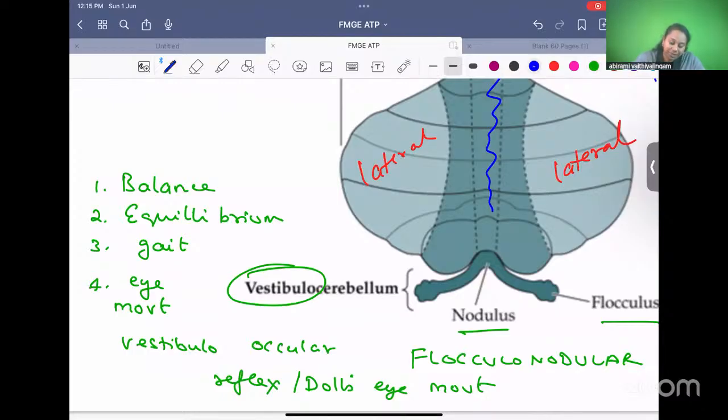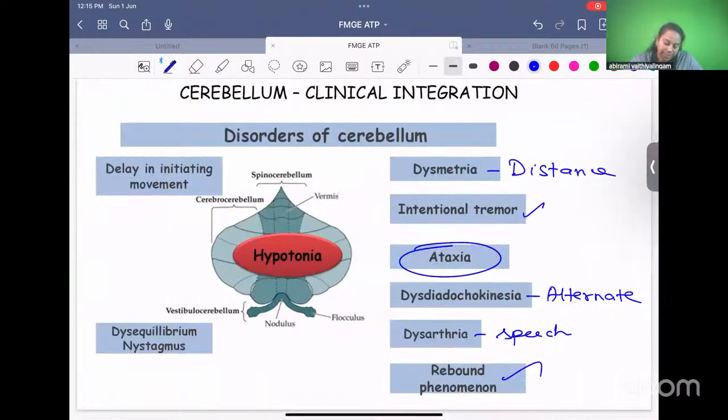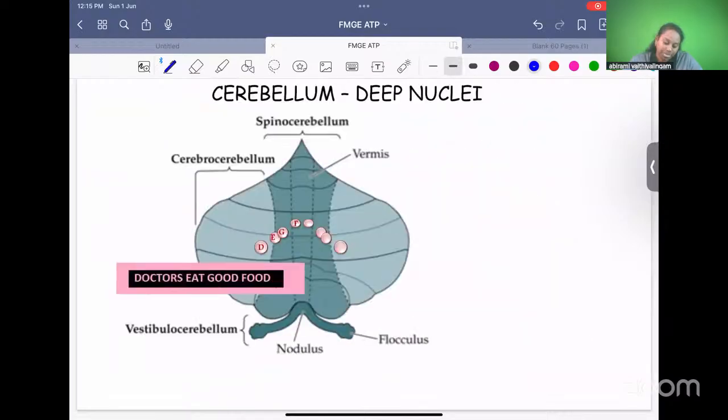So, if there is any damage to vestibulocerebellum, this will result in disequilibrium, drunken gait, alcoholic gait, and eye movements are affected. That is called nystagmus. Next, let's see the different nuclei of cerebellum.